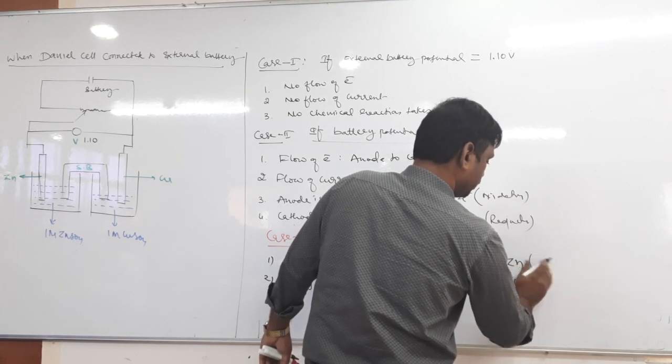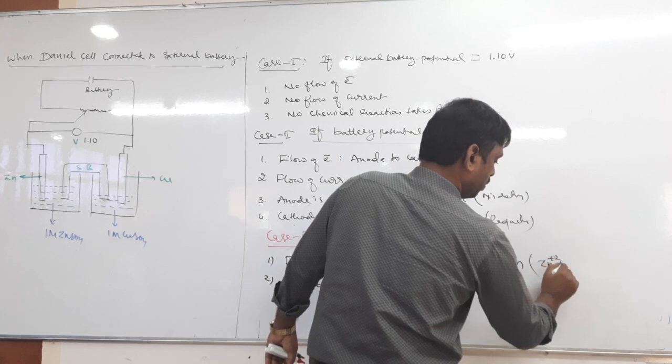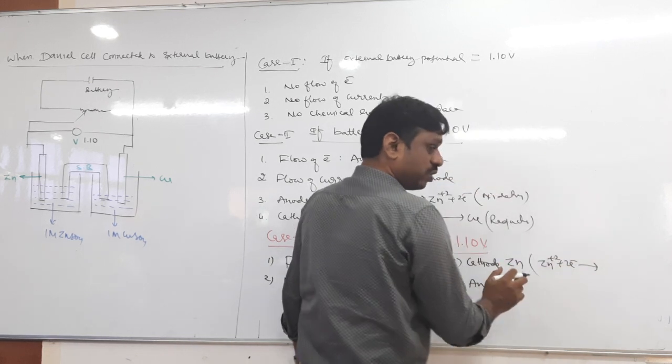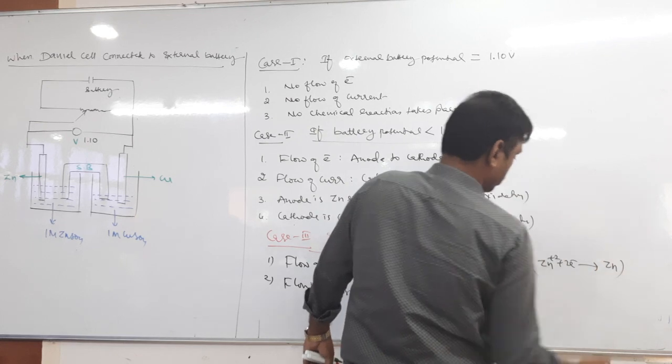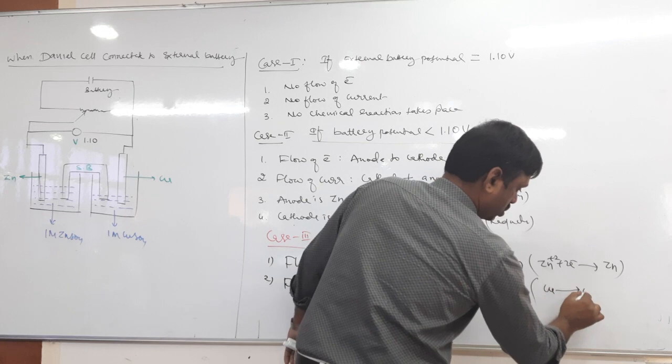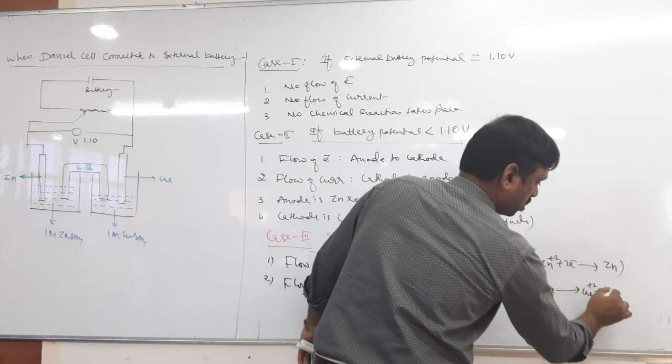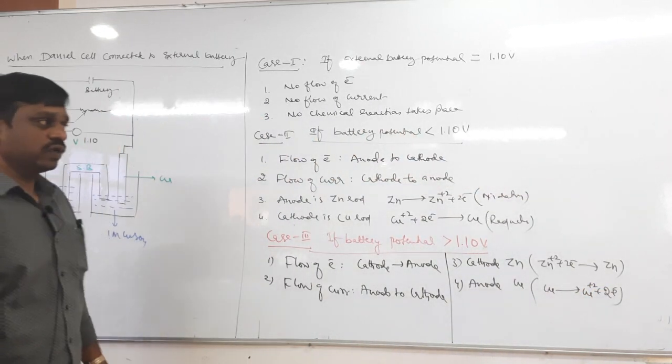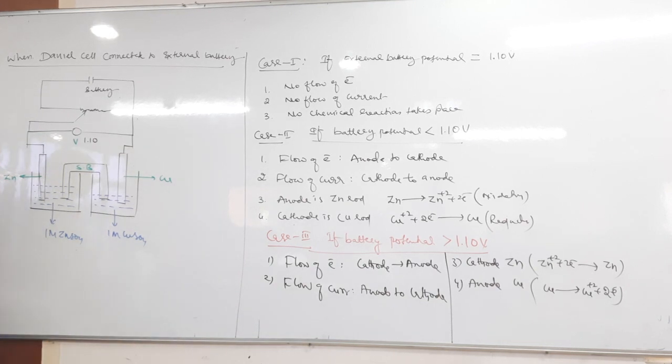It means Zn2+ plus 2 electron gives zinc, and at the anode, Cu gives Cu2+ plus 2 electron. Okay, so this is how all the reactions take place in reverse.